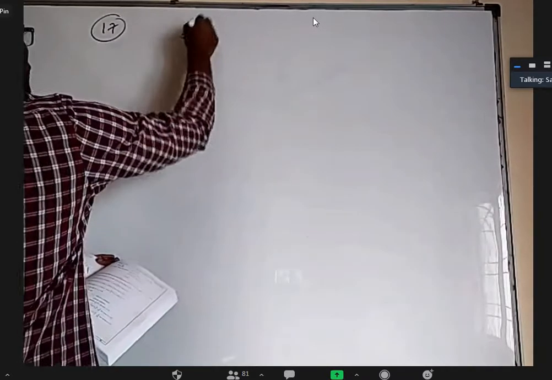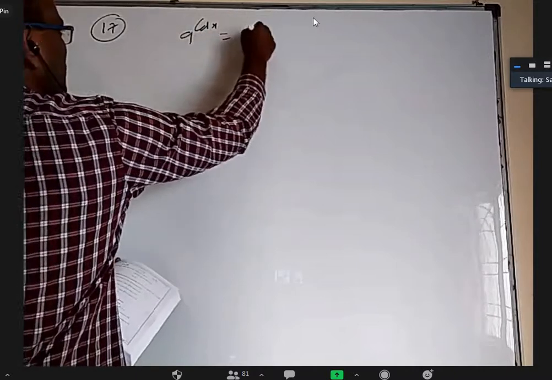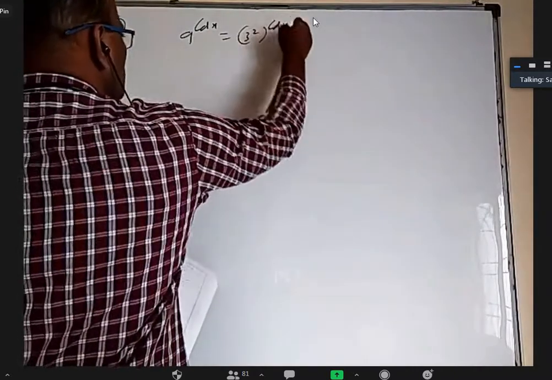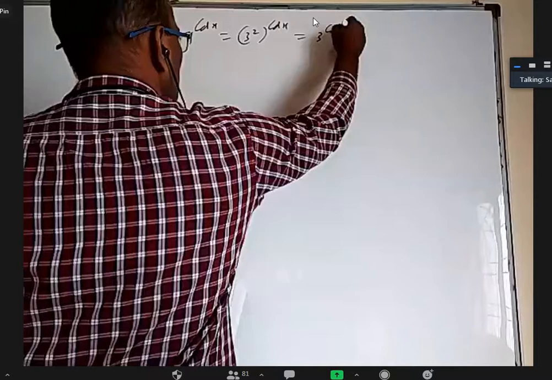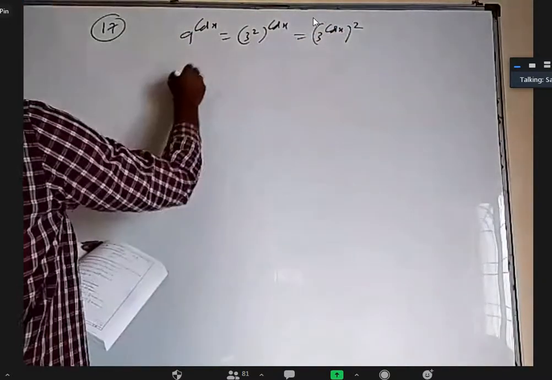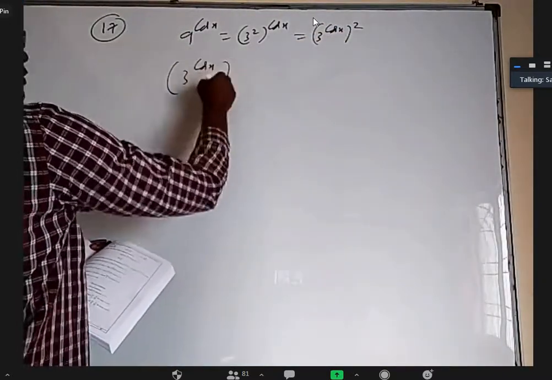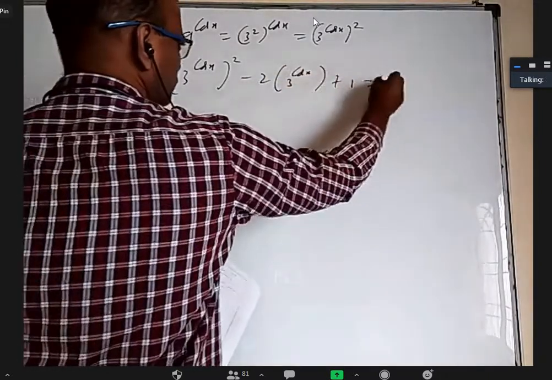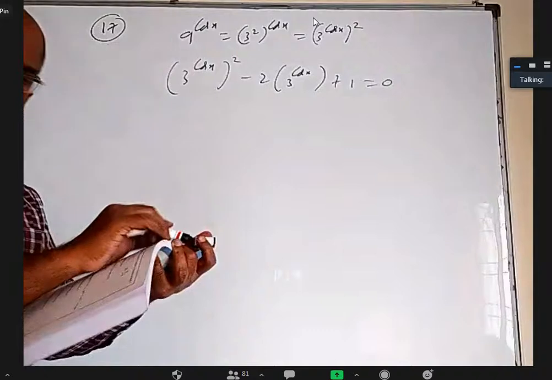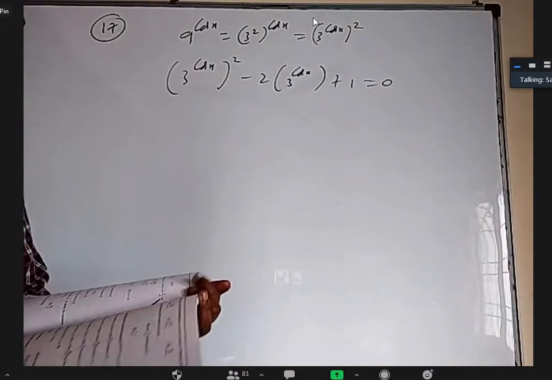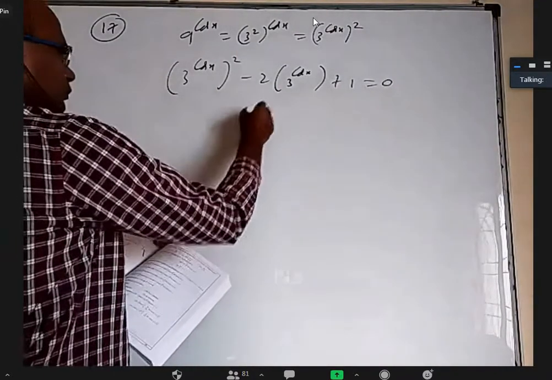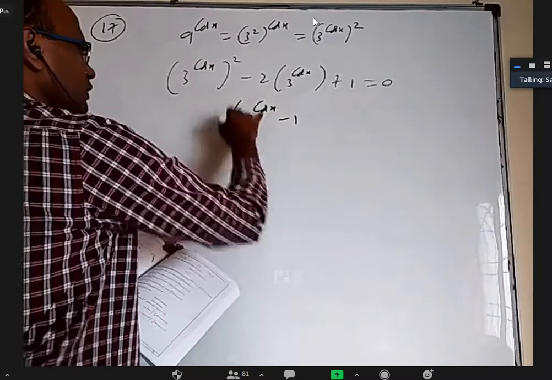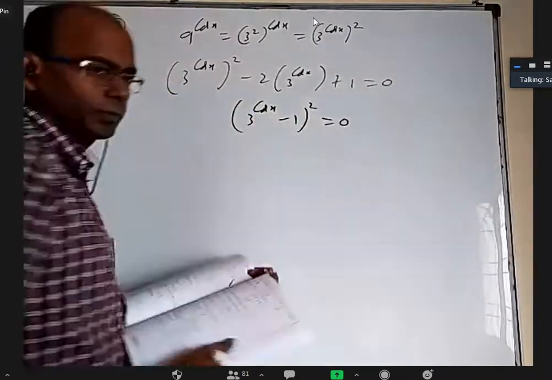Okay, 17. 9 power cos x is actually you can write 3 square whole power cos x, which also you can write 3 power cos x whole square. And it's a perfect square now. 3 power cos x whole square minus 2 into 3 power cos x plus 1 equal to 0, which is 3 power cos x minus 1 whole square equal to 0.